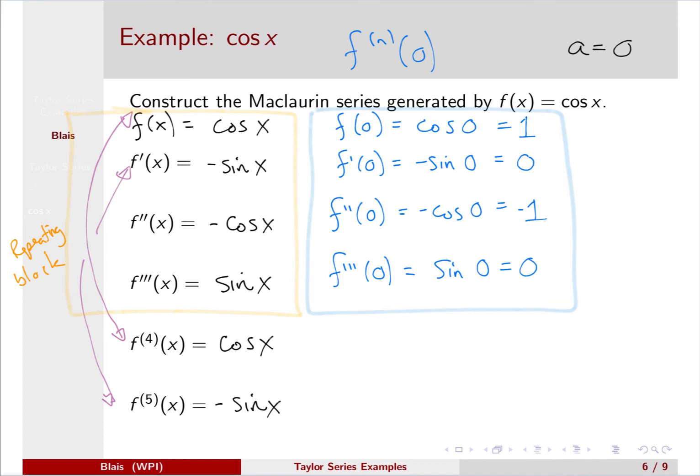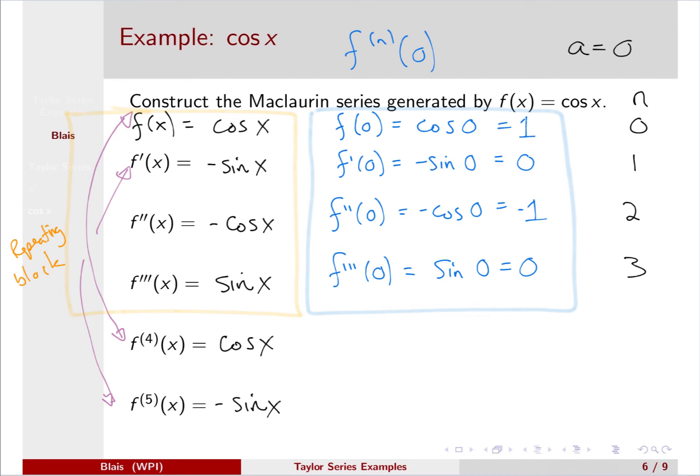When n is 0, we have a coefficient of 1. When n is 1, we get a 0. When n is 2, we get a minus 1. When n is 3, we get a 0. We note that we're going to get zeros when n is odd.